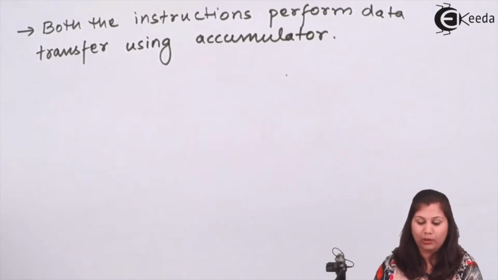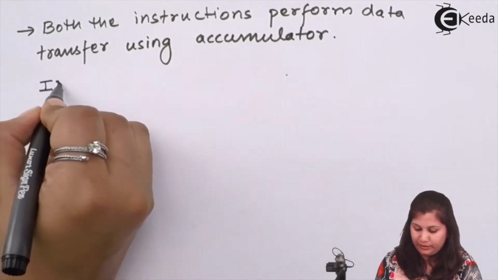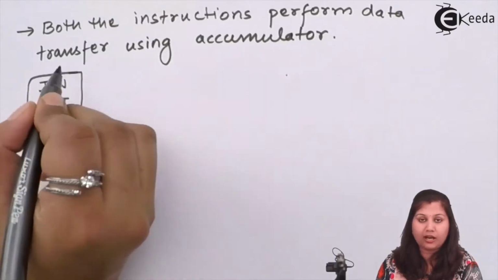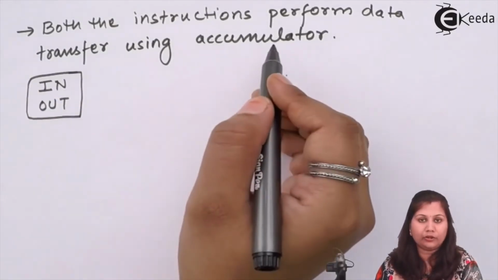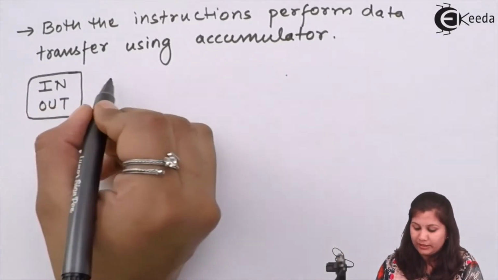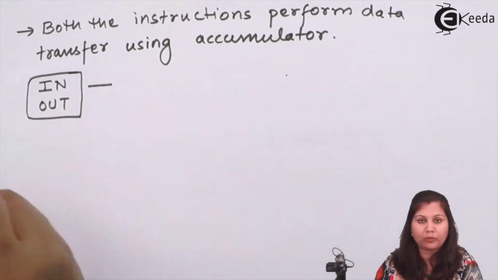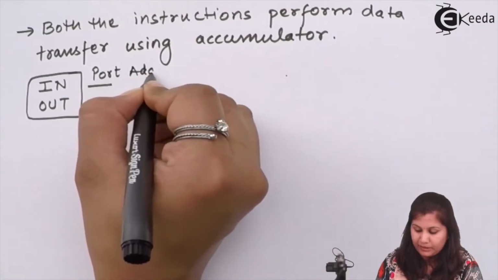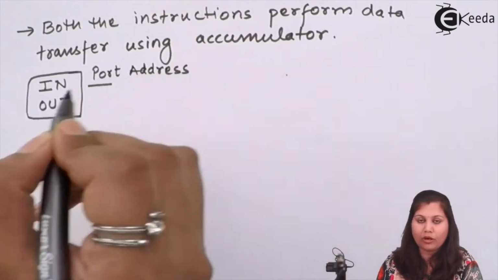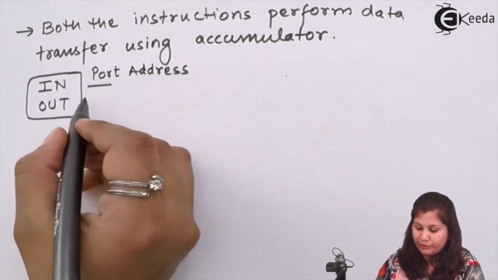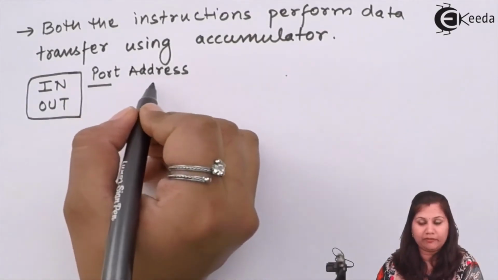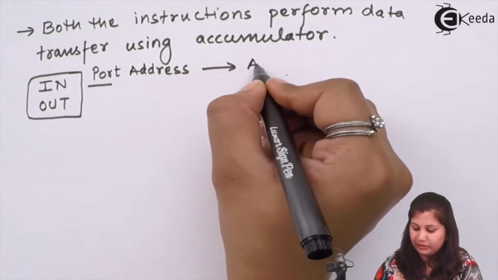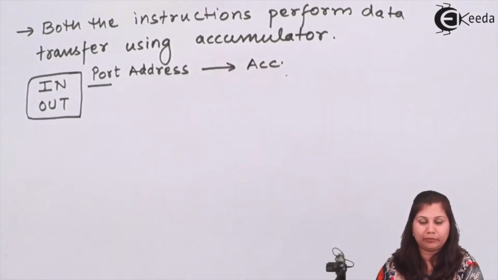Now both the in and out instructions are going to transfer the data using the accumulator, because here in the instruction we are going to provide the port address, means the address of an input port or an output port. So between the port and the accumulator, the transfer is taking place.